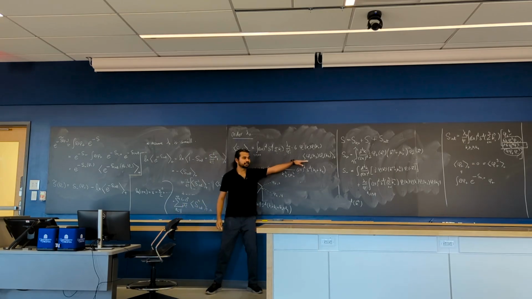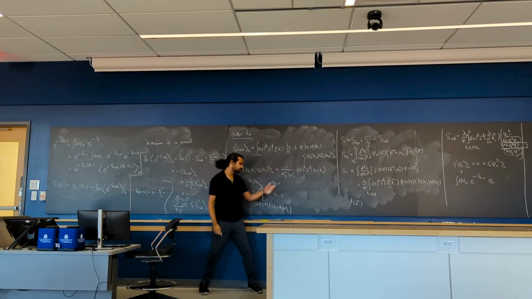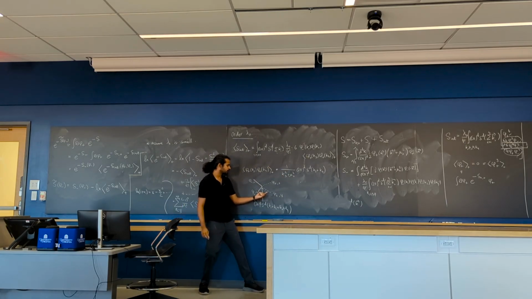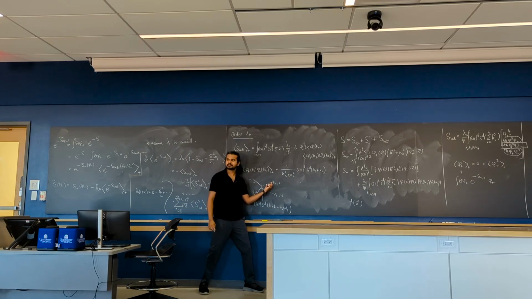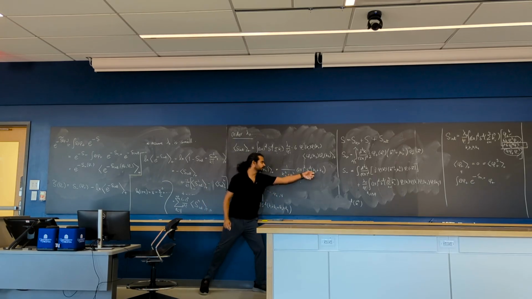And the angular bracket, or taking the expectation value, just connects this line with this line and makes it a propagator, such that this outgoing momentum is equal to minus that outgoing momentum coming from here.